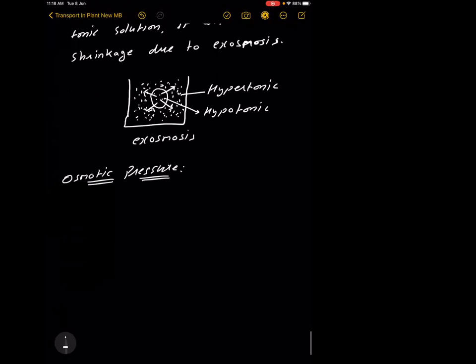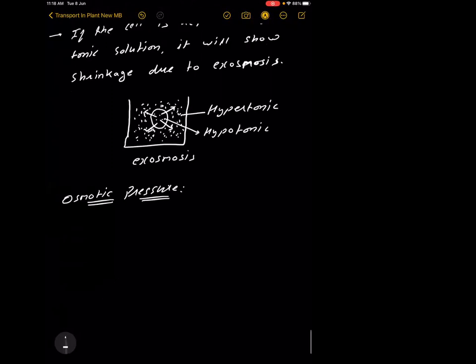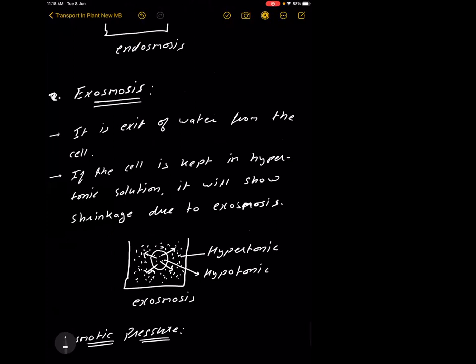Now osmotic pressure. Sir, in exosmosis, when it is kept in a hypertonic solution only then it shrinks, or in any solution it shrinks? No. If water moves out, the reason is only one. If you place the cell in an environment where the outer solution has more solute, it is more concentrated.